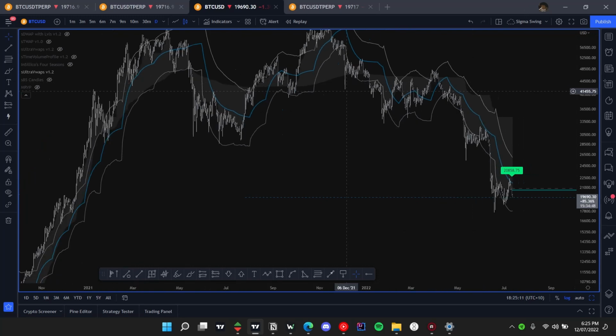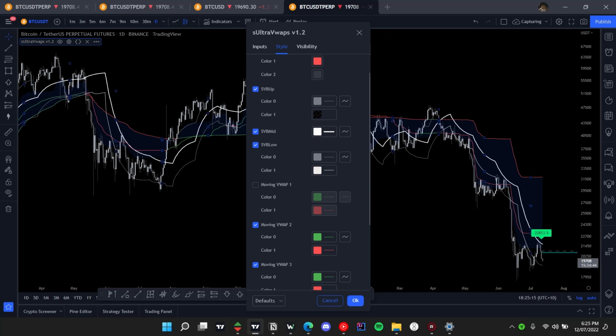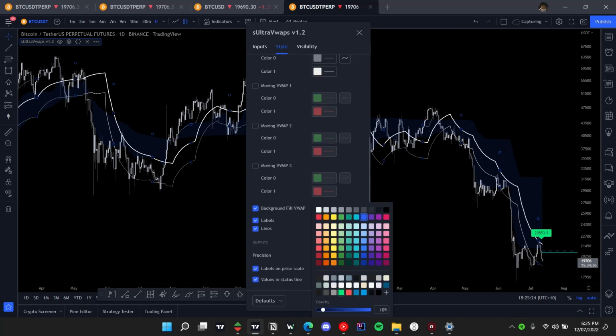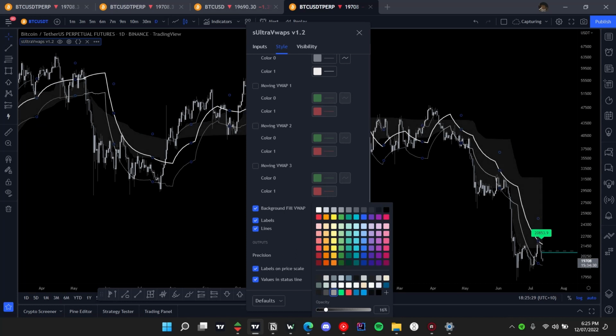You can keep the moving VWAP if you like. I don't like it, but it's really up to you. It might help you, but in my case it really doesn't, because I mainly use these lines.